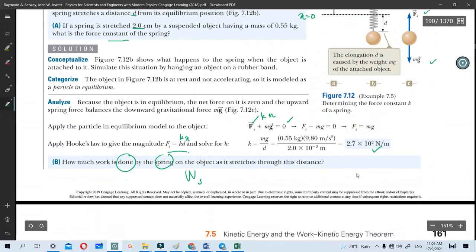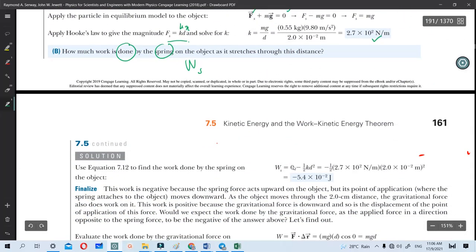So the initial of the spring is 0. Okay, the initial is 0. Initially there is no displacement. And finally, there is a displacement, stretching. Okay, so you find that work by the spring is negative 5.4 to the power of negative 2.